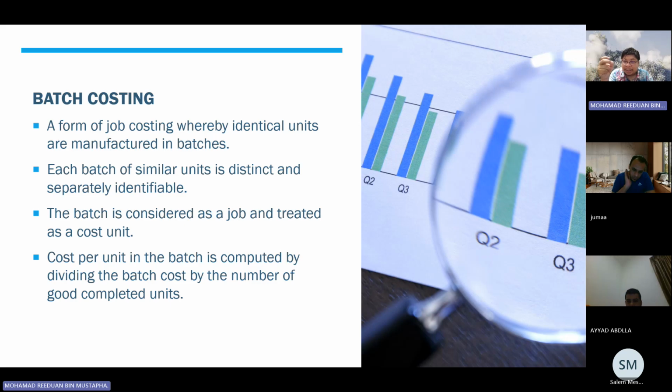Because customers don't buy once, even if they buy, from the manufacturer or from the shop, maybe the cost per unit you need to identify is one box like this.